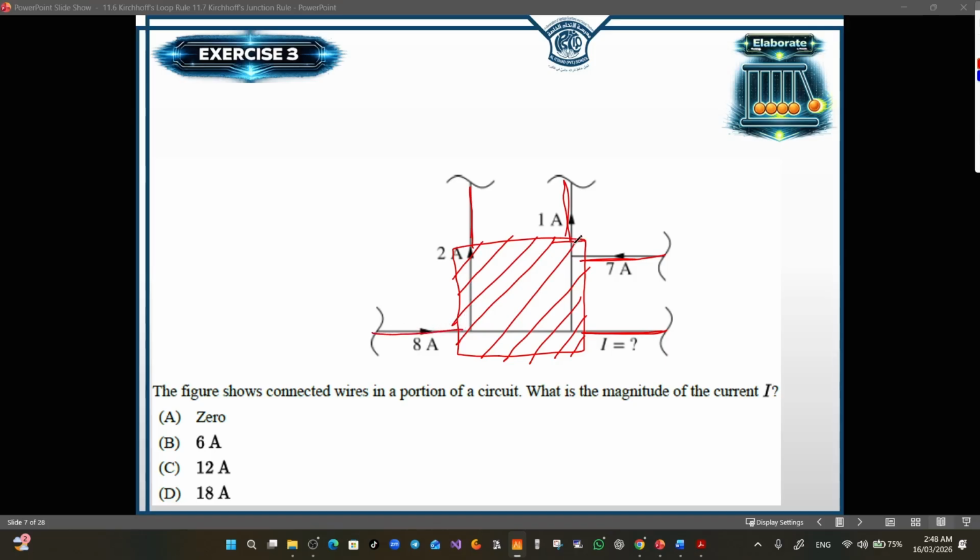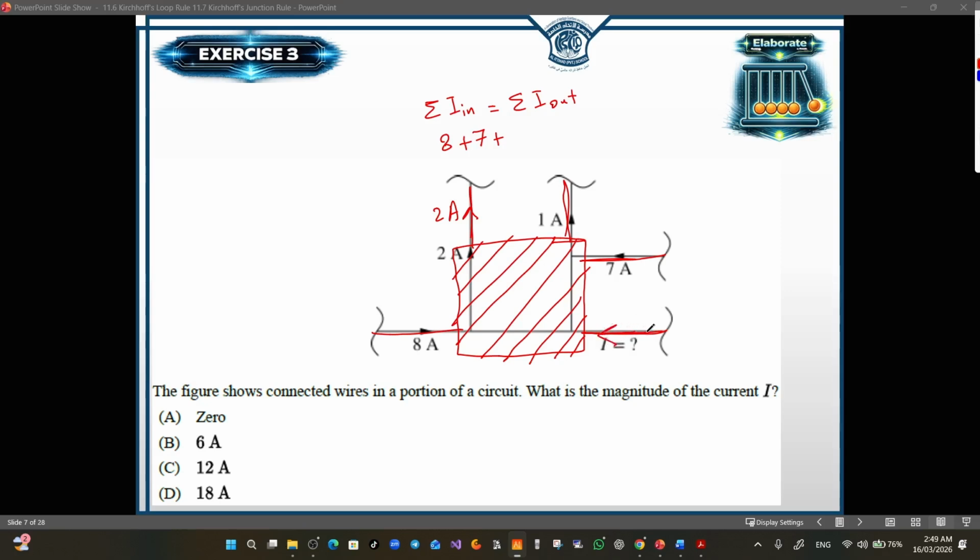And we will apply the junction rule on this box such that the summation of current entering this box is equal to the summation of current leaving this box. Now, the currents entering this box are the 8 amps, the 7 amps, and let's assume that the current I is entering the box.